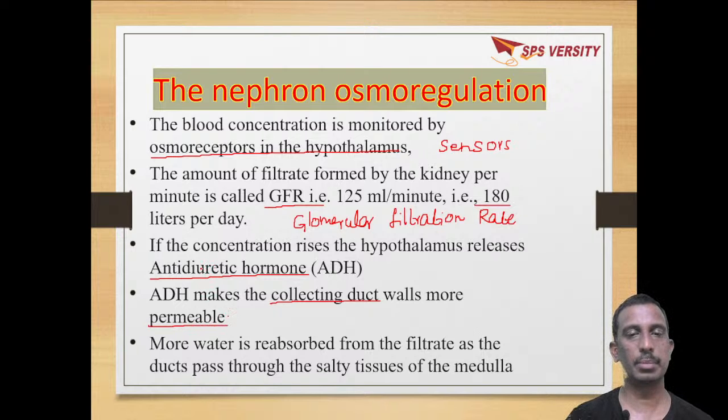So more water is reabsorbed from the filtrate as the duct passes through the salty tissues of the medulla. As the permeability of the collecting ducts has increased, more water is reabsorbed.